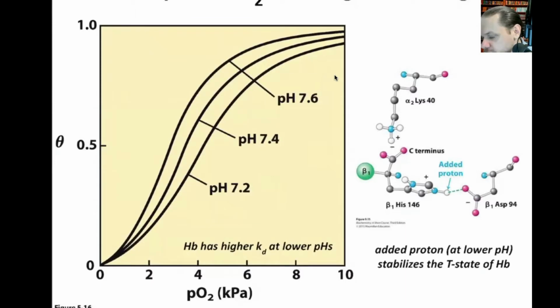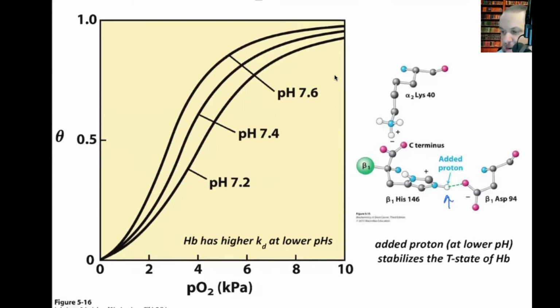This portion here of the hemoglobin, as you add the protons to it, it switches this hemoglobin and stabilizes this tense state, and it wants to get rid of all the oxygen that it carries. So by stabilizing this tense state, it will basically further unload.